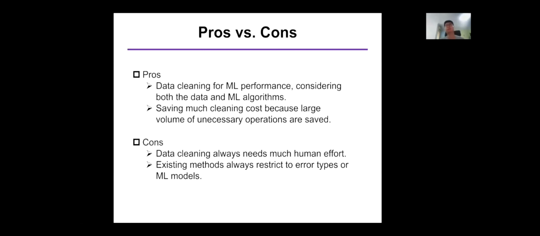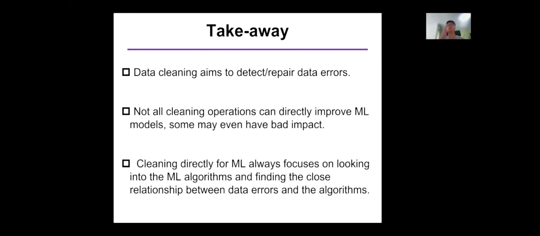So the pros of these methods are that they do data cleaning for machine learning, considering both the data and the machine learning algorithm. And these methods save much cleaning cost because a large volume of unnecessary operations is saved. And the cons are that data cleaning always needs much human effort. And the existing methods are always restricted to error types like just outliers or missing values, and some of them are also restricted to machine learning models like convex models.